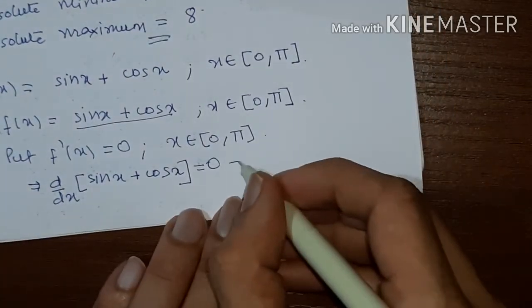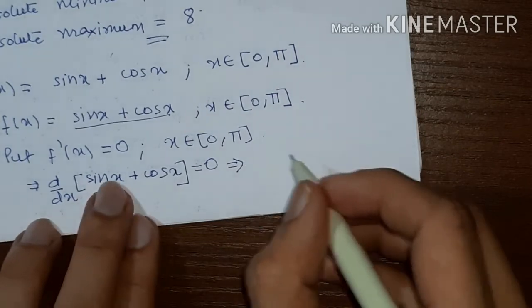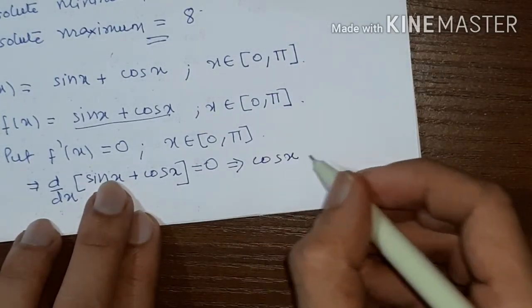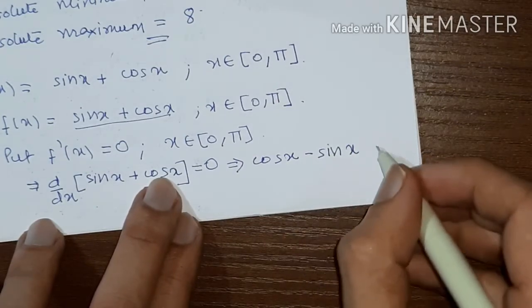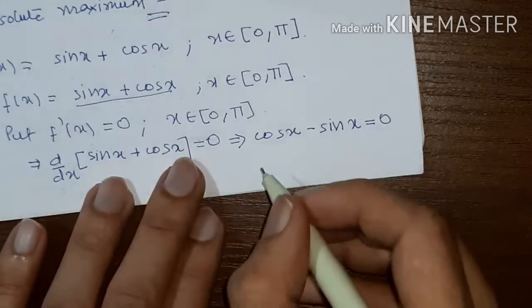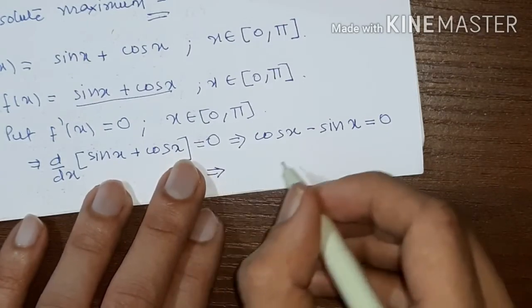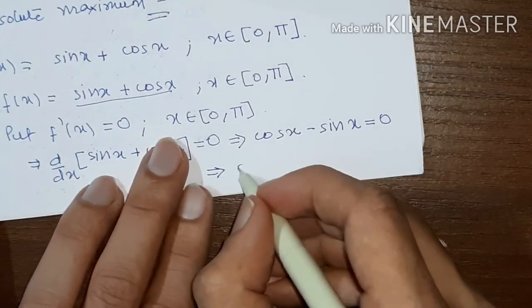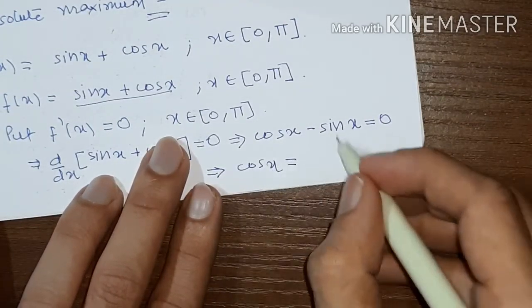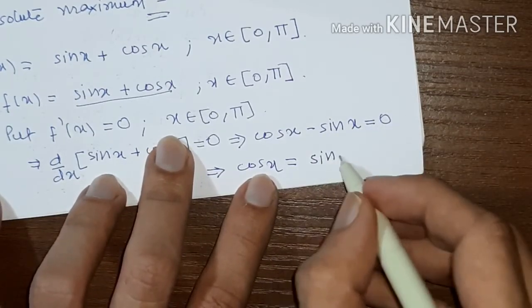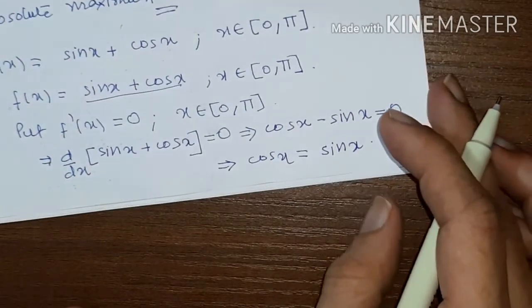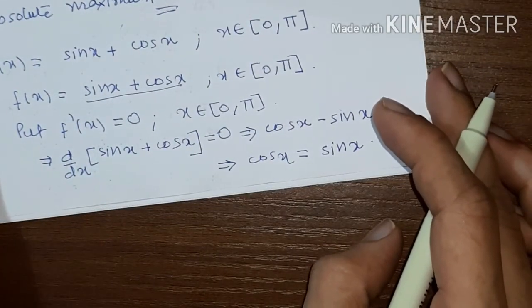Derivative of sin x is cos x, and derivative of cos x is minus sin x, which is equal to 0. So this implies cos x is equal to, if you take minus sin x on the other side, sin x. So you are getting cos x equal to sin x.